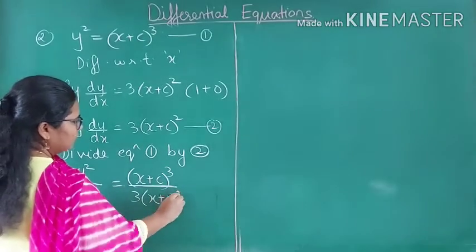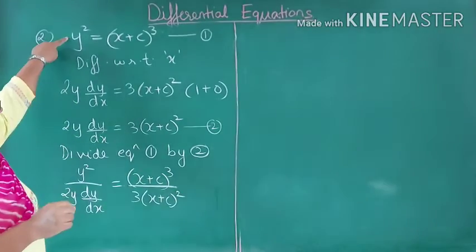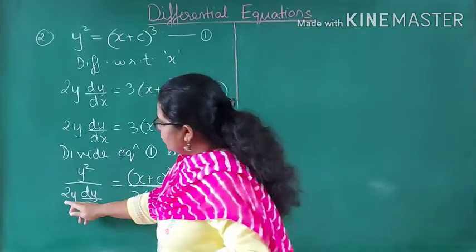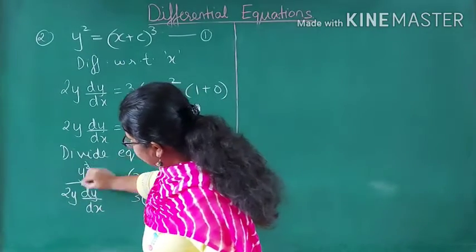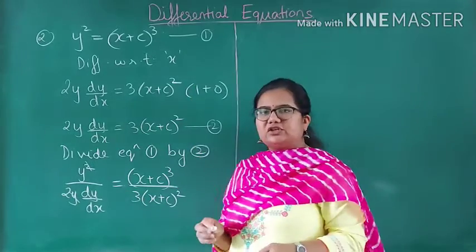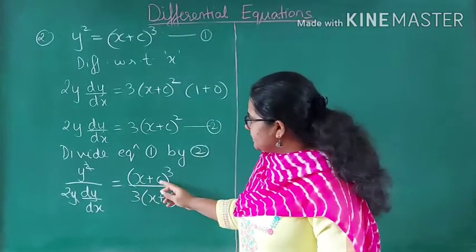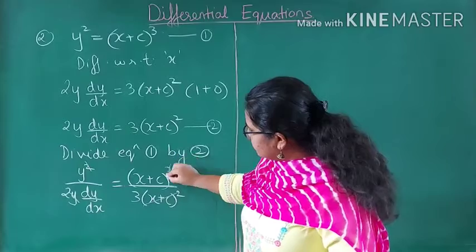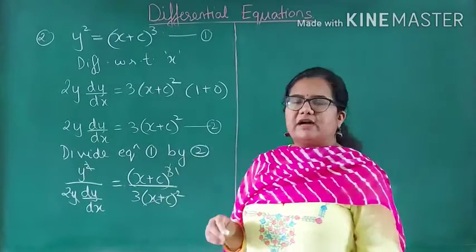So divide this equation by equation 2. So here you see y square upon 2y dy by dx. So one term of y gets cancelled in your LHS. Then x plus c whole cube upon x plus c whole square. So the square and this 3 will get cancelled and only one value will remain.